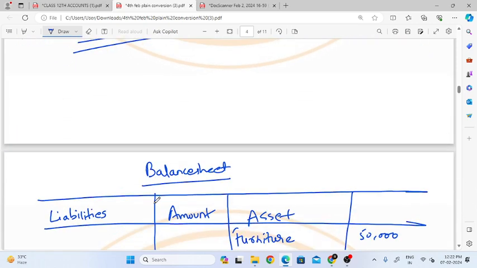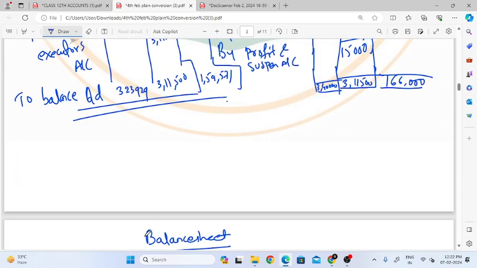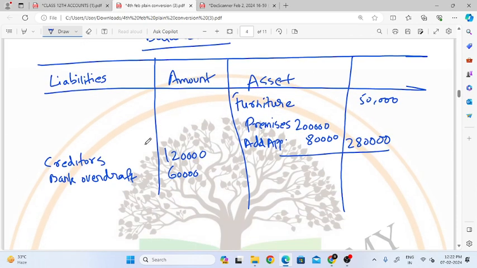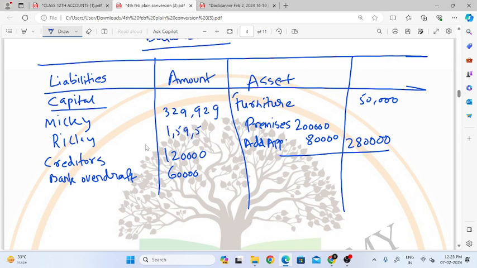So the balancing figure what we are getting, we have to transfer it to the capital account, that is capitals in the balance sheet. Okay, Mickey we got 3,23,929. Ricky we got as 1,59,571. Then we took furniture, we took premises.